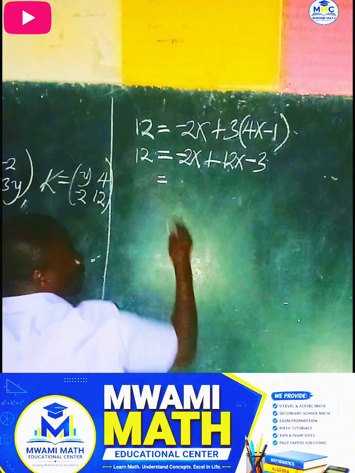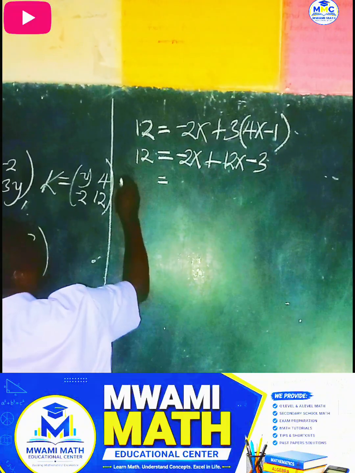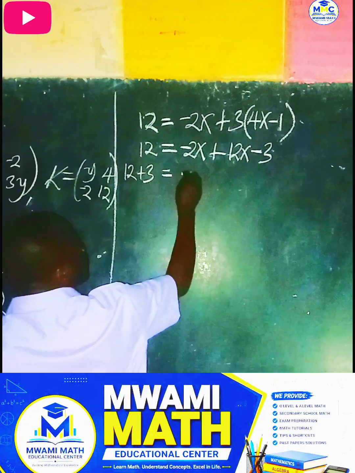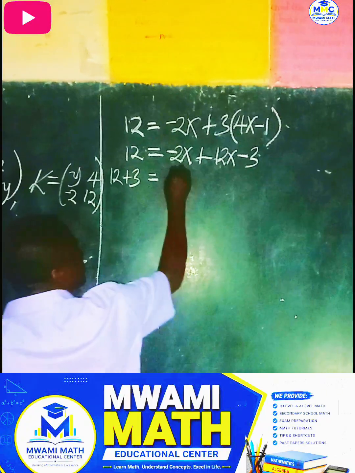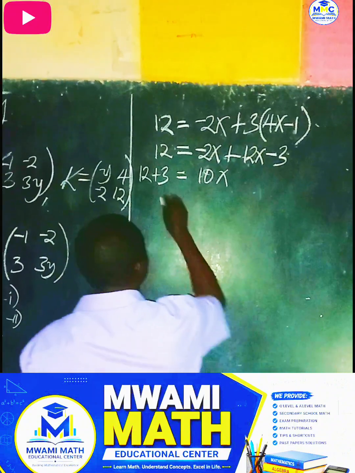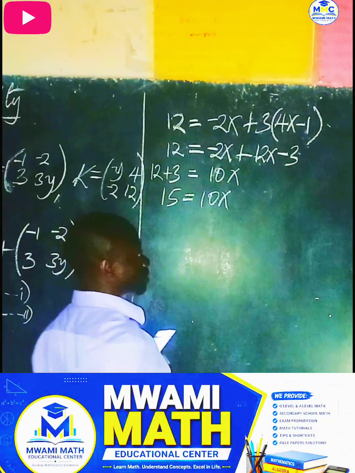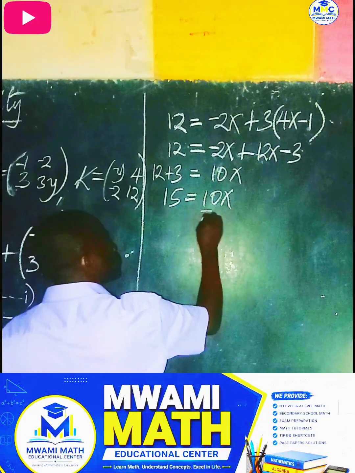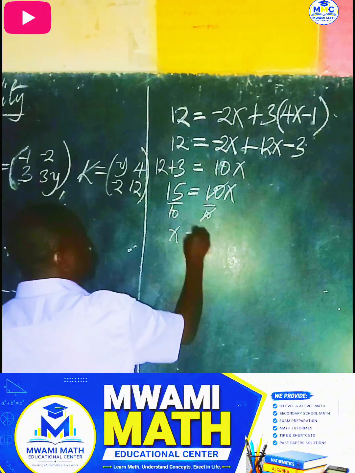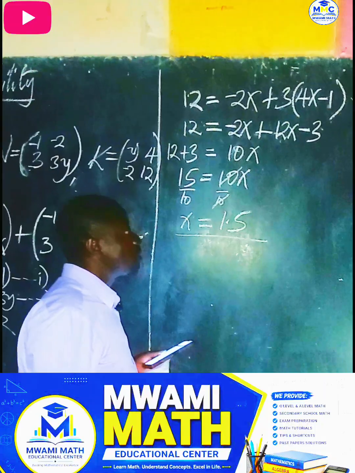So from here, collect like terms. When you bring this -3 this side, it becomes positive. So 12 plus 3, then -2x plus 12x, that is 10x. So this 15 is equal to 10x. From there, we can divide both sides by 10. So our x is equal to 1.5, our dear viewers.